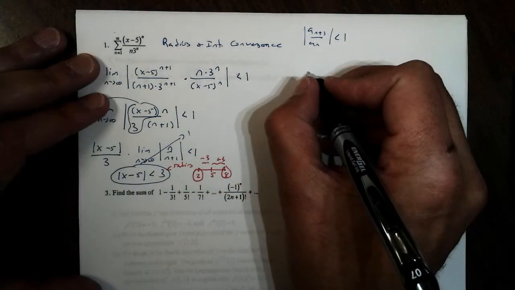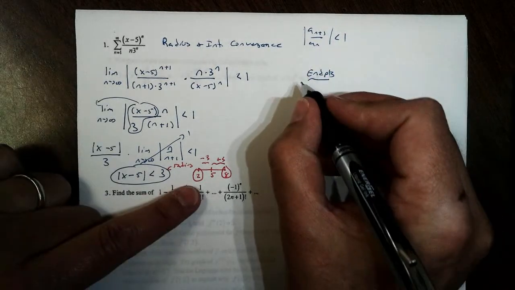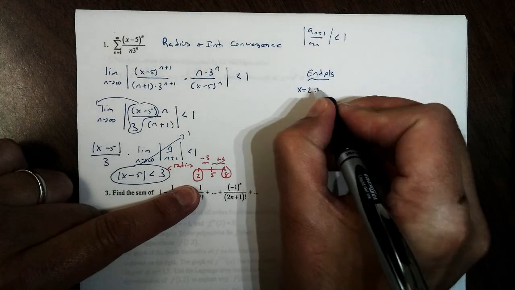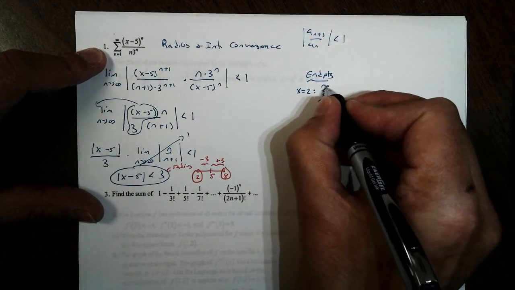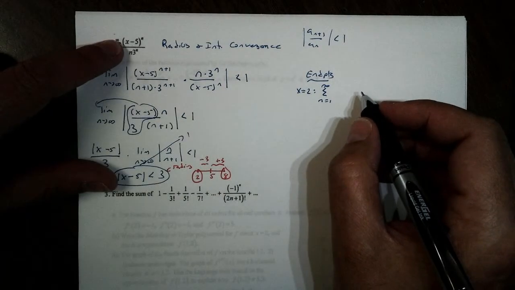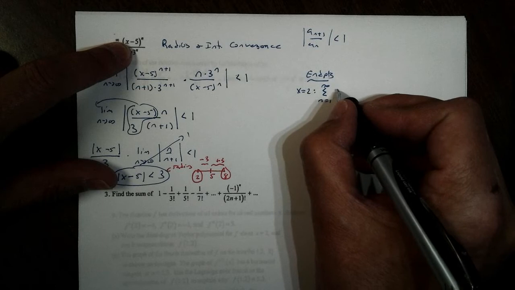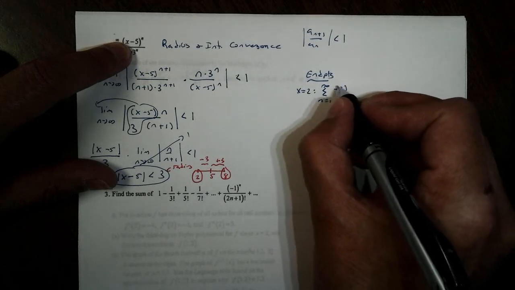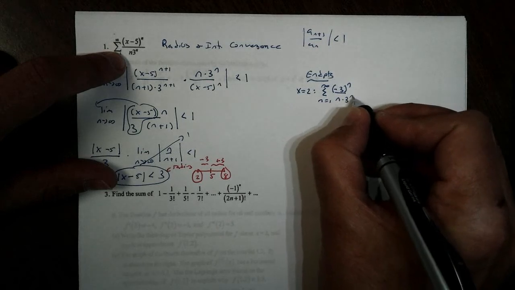So now we're going to check those endpoints. The first endpoint we have is 2. And we just plug it into the original function, n equals 1 to infinity. If I plug 2 in here, I'm going to get negative 3 to the n over n times 3 to the n.